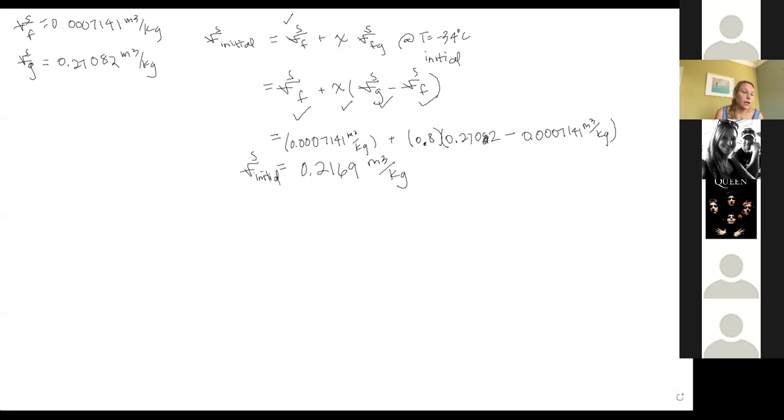So, all right, now we know our initial specific volume, but we can't really do much from there. So we need to figure out where to go next. One of the things that we're given is that our change in overall volume is 40%.